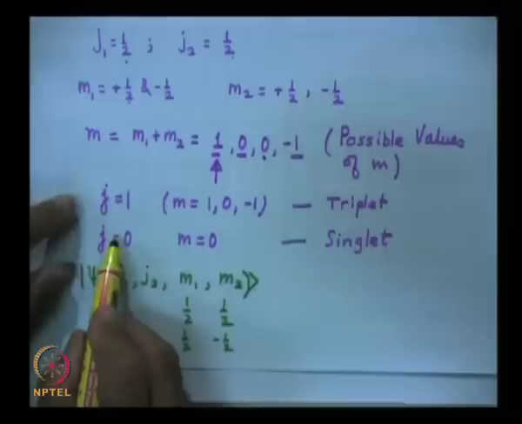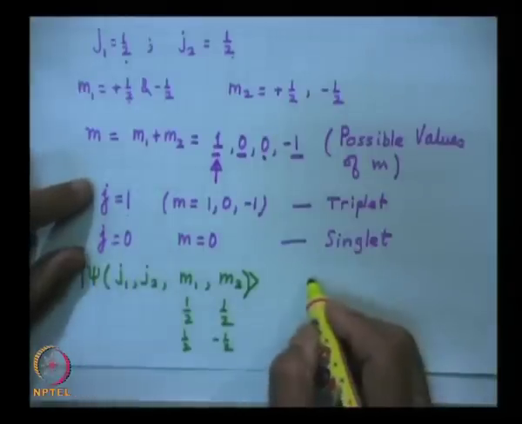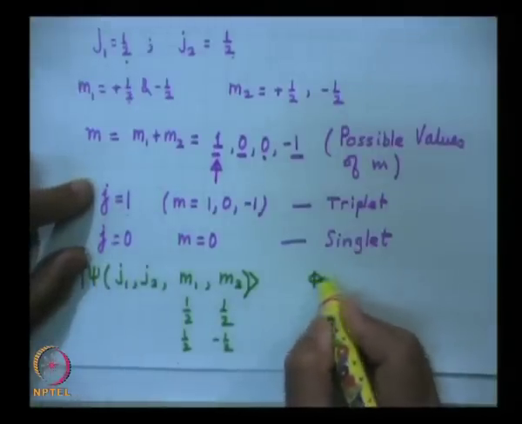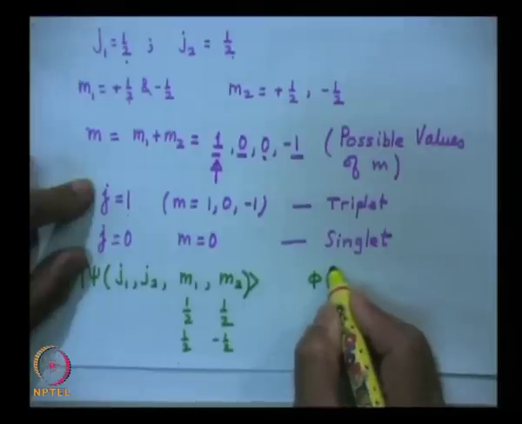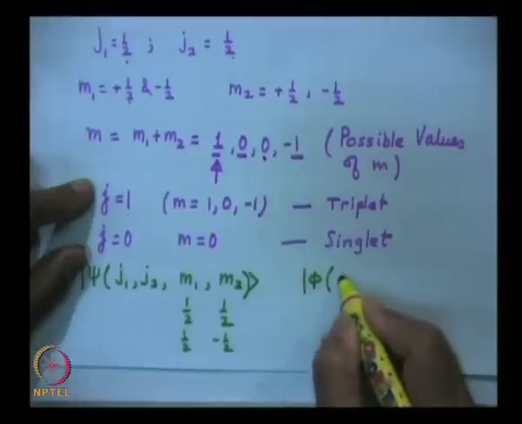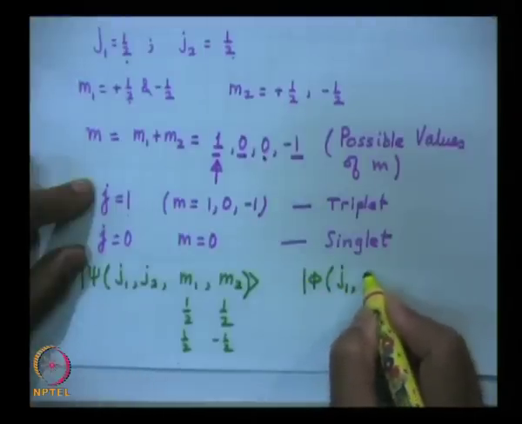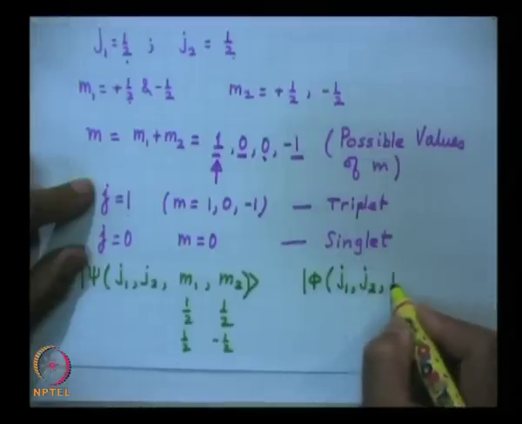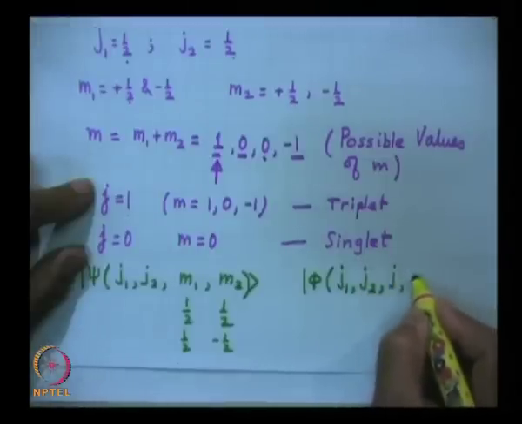And then there are 5 functions. The 5 functions are simultaneous eigenkets of J 1 square, J 2 square, J square and J z.